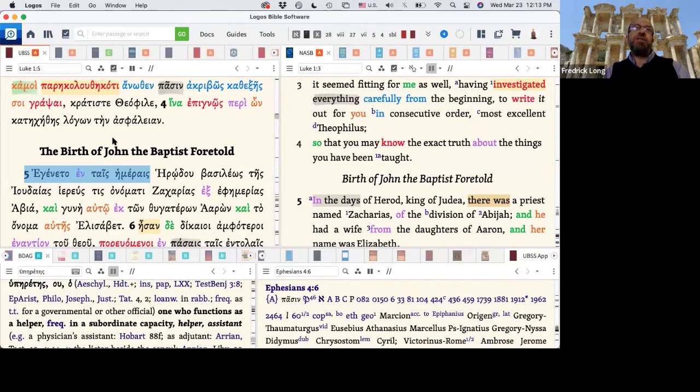Sometimes an asyndeton can indicate movement from general to particular. Stephen Levinson's work outlines some of these. I summarize these in my Koine Greek grammar, in the chapter where I deal with polysyndeton and asyndeton. I think it's in chapter 15. I summarize his discussion and some of the discussions of the grammars.